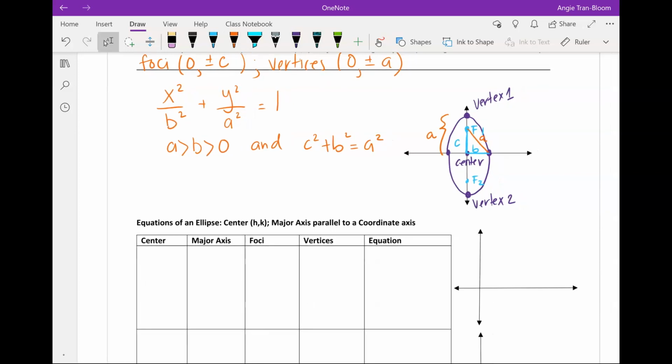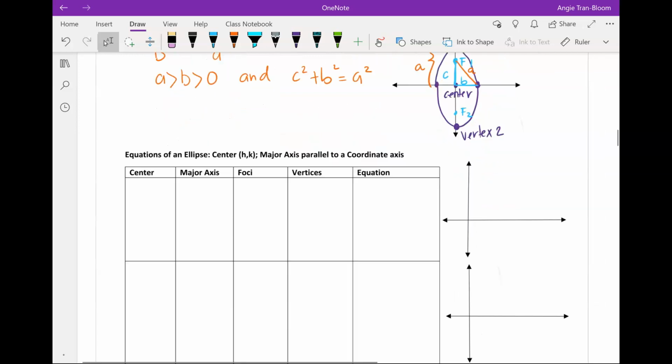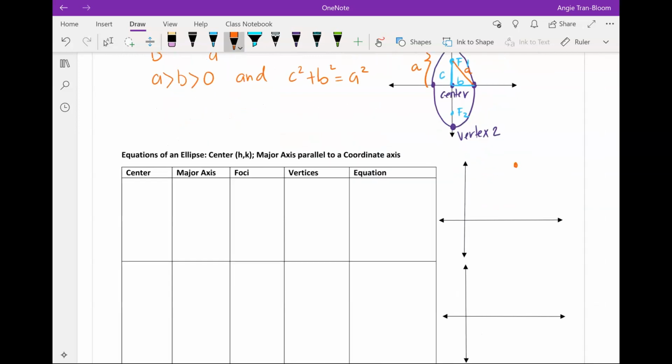What if it's not at 0, 0? H and K, yes, it is. So for the sake of simplicity, we'll put the center right here in quad 1. Do you guys want to do vertical first or horizontal first? Okay, so let's do major here and here. Not drawn to scale, okay? Vertex 1, vertex 2, your minor up and below.